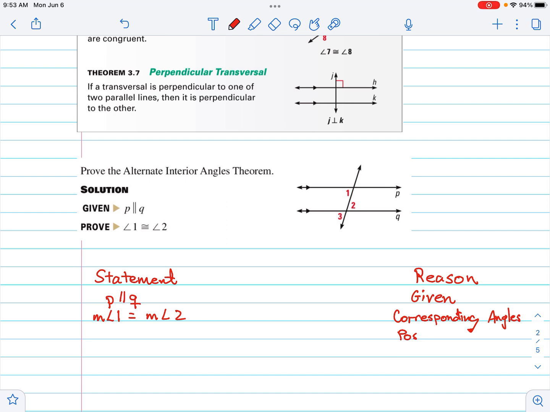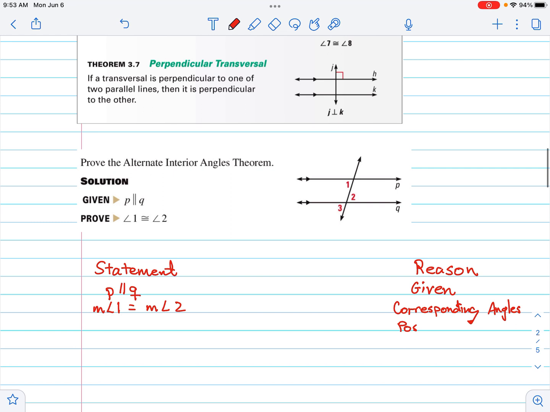Now, we also know that the measure of angle 3 is equal to the measure of angle 2, and we know that because vertical angles are congruent.